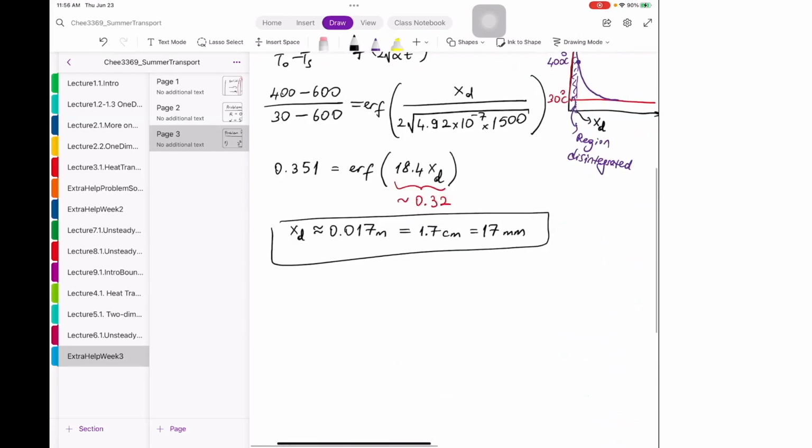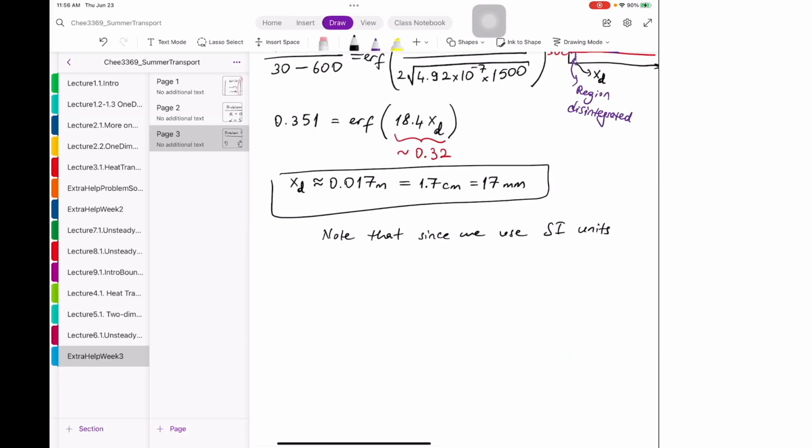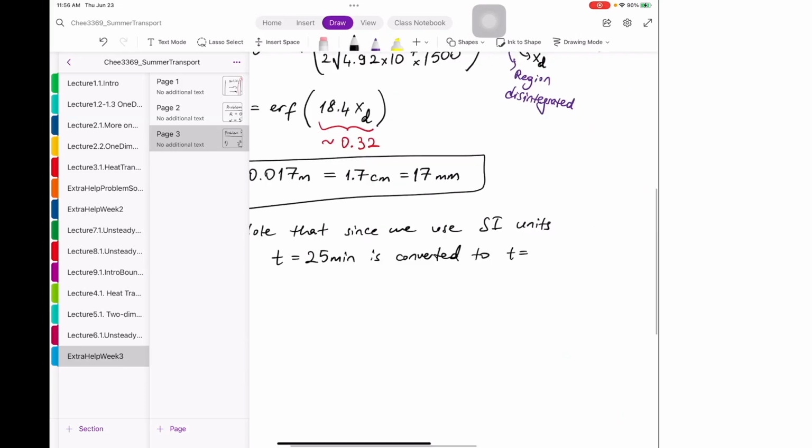Note that since we use SI units, 25 minutes is converted to 1,500 seconds.